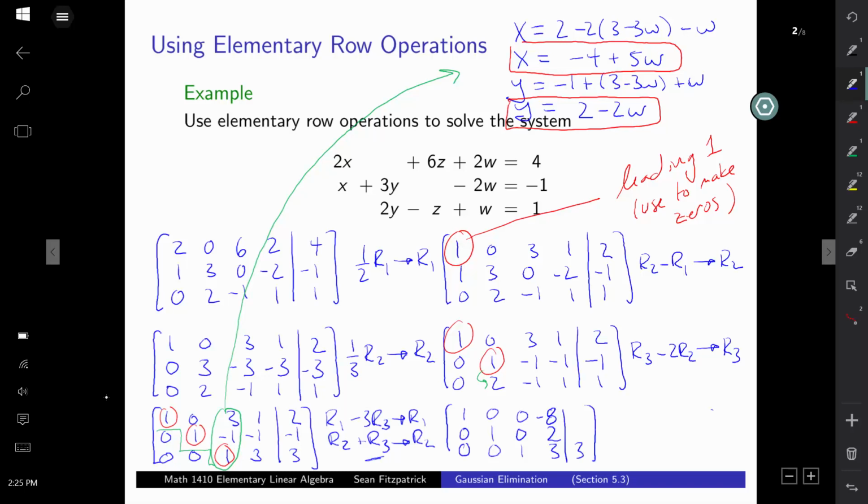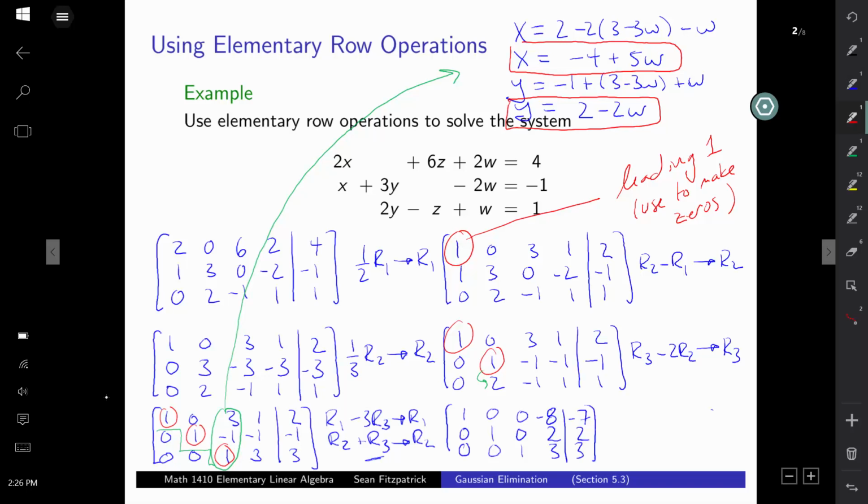I'm doing -3 times row 3, right? So 2 minus 9 gives me -7, and -1 plus 3 gives me 2. Okay. And then if I read off my equations, I suspect that I made a mistake somewhere, because I'm not getting back to where I had before.